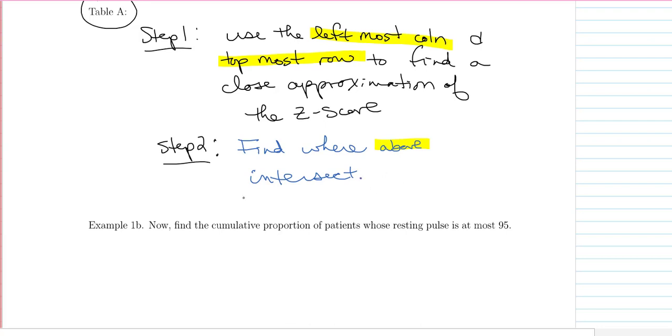Where these intersect becomes the cumulative proportion.